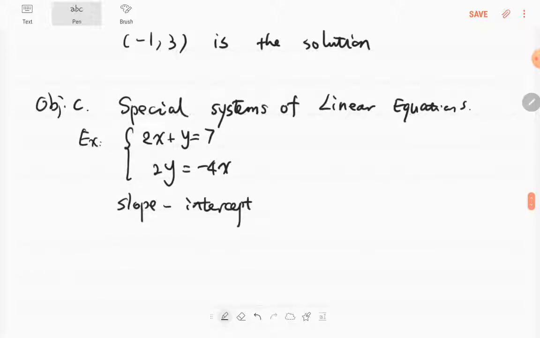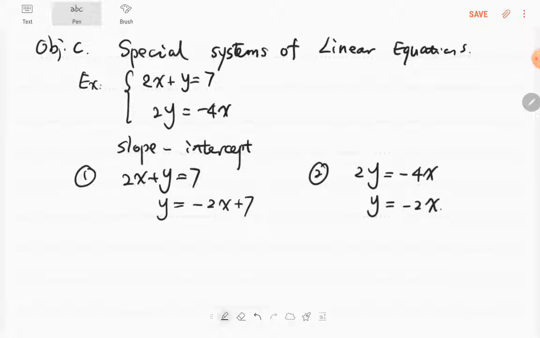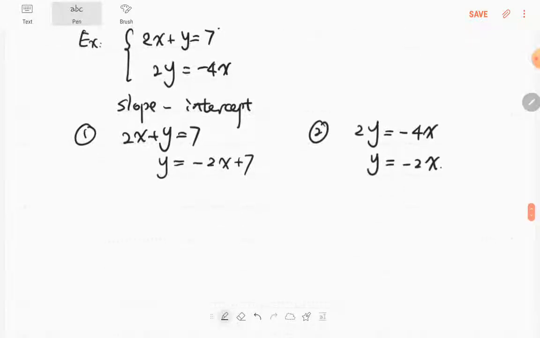So for the first equation, 2x plus y equals 7. This is called the standard form, right? We need to change it to the slope-intercept form. We will get this one. And for the second equation, we also need to switch it to the slope-intercept form. We will get this. Then we should observe these two slope-intercept forms. We realize these two linear equations have the same slope.